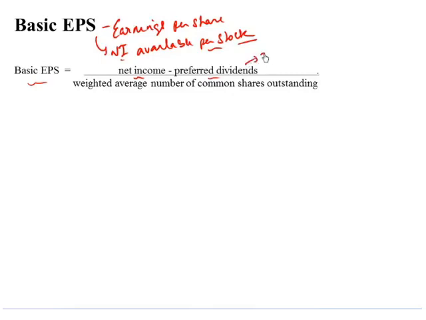Please note that these are given to the preferred shareholders, not the common shareholders of the company. So what the common shareholders will get is the net income after the preferred dividends have been paid. So net income minus the preferred dividends upon the weighted average number of shares outstanding. We'll understand this concept with an example in the coming slides.